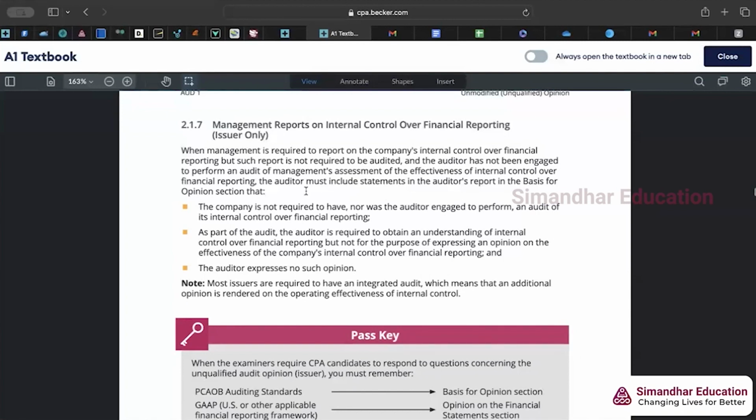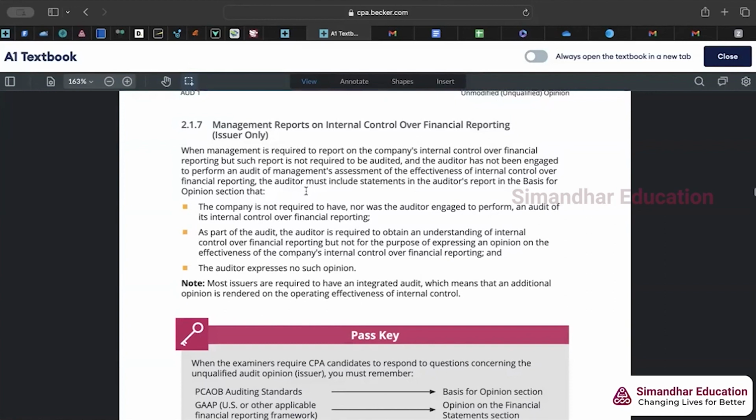Then comes the opinion paragraph, almost similar for both. You're identifying the company that you have audited, the year ended, the financial statements being identified, and whether they are in accordance with the applicable financial reporting framework. Then the basis of opinion paragraph, in case of non-issuers, will state all the auditors' GAAS-related requirements.